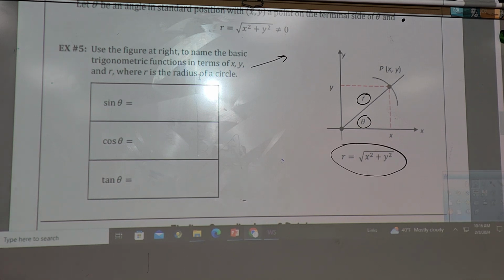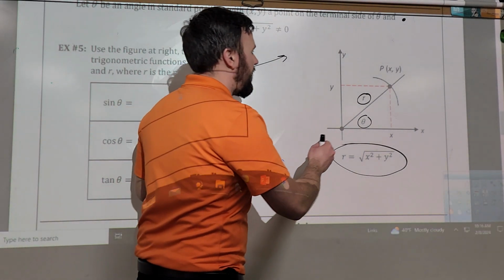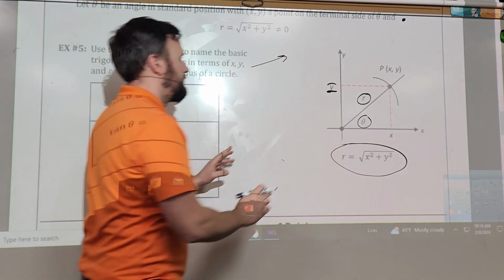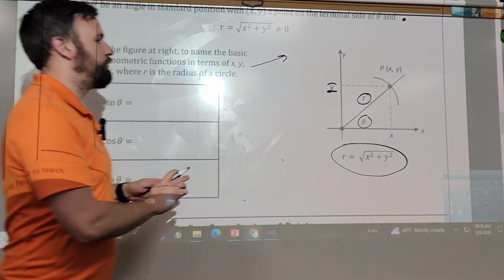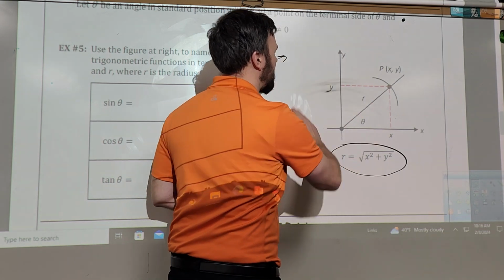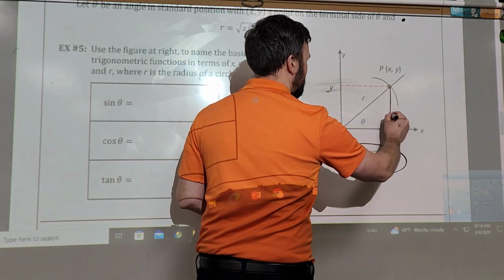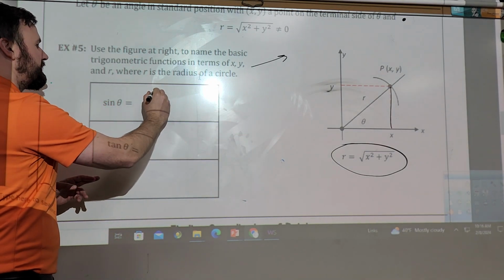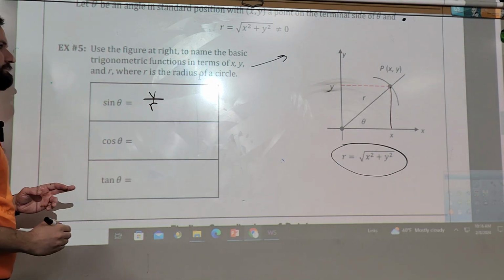Some other things are going to pop up. My sine, have you guys noticed yet, is always my y, no matter the reference angle I've been making. Sine is y over r.